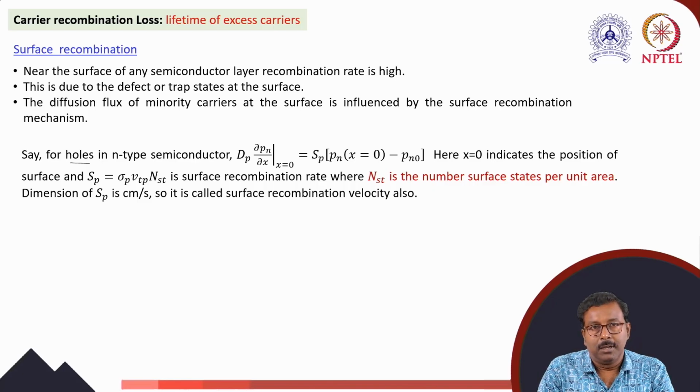For holes in an n-type semiconductor, the surface recombination is determined by a flux of carriers flowing towards the surface. In the case of an n-type semiconductor, Dp del p by del x at x equal to 0, where x equal to 0 indicates the surface, and pn means holes in n-type, is nothing but Sp, a constant, into pn at x equal to 0 minus pn0. pn0 is the equilibrium value, and pn is the value after generation at position x equal to 0.